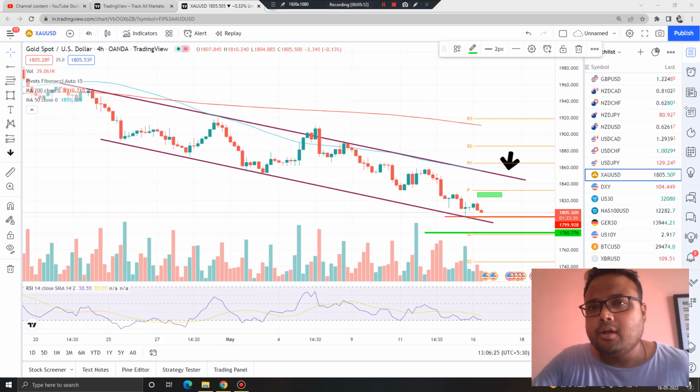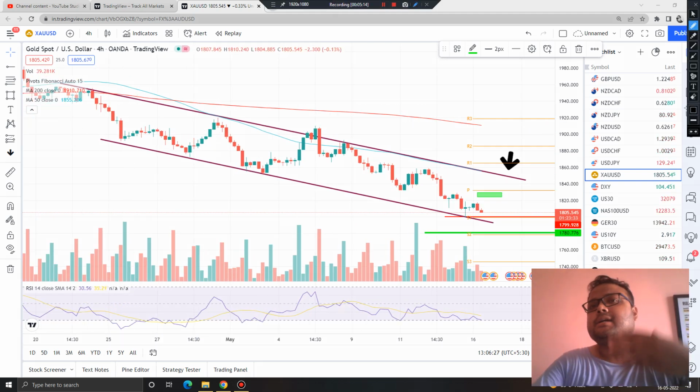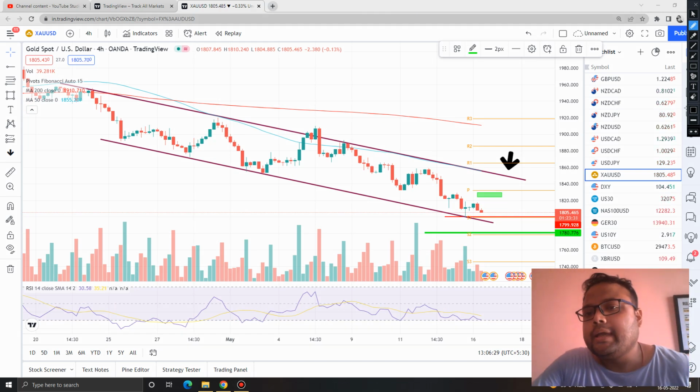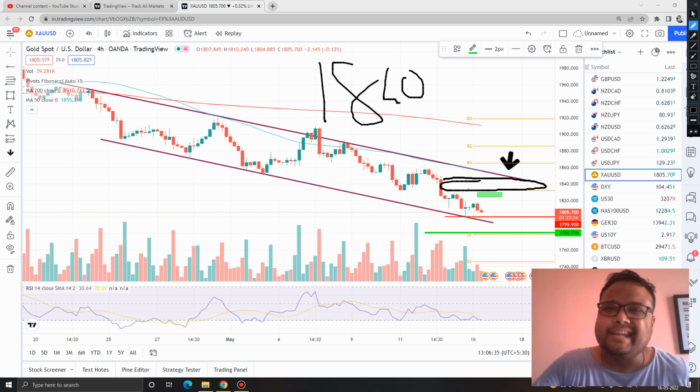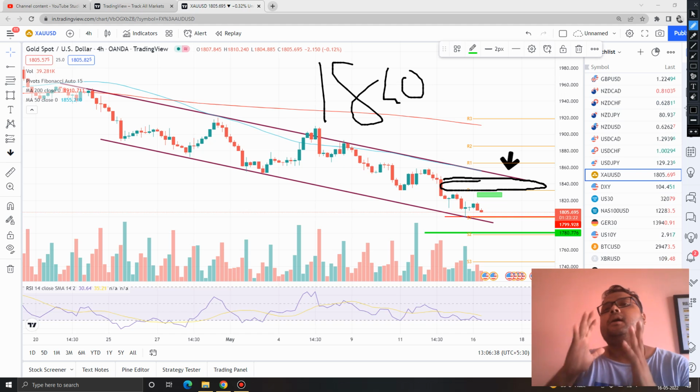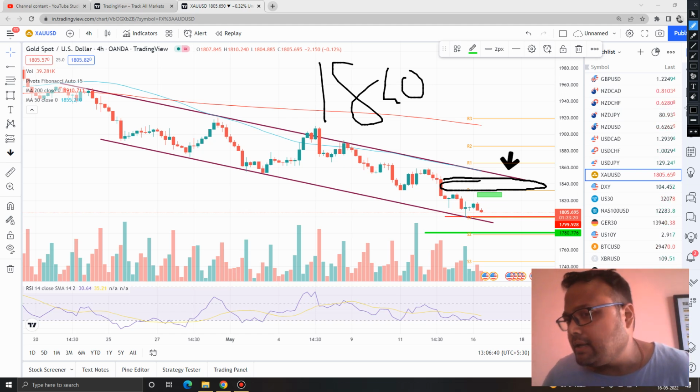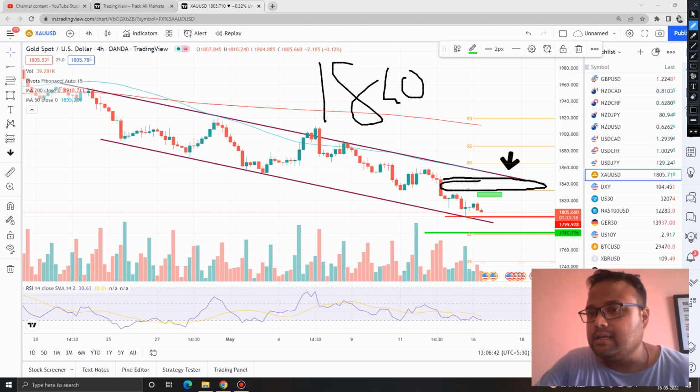If we combine all the factors, in case there is a sudden up move in the market, we can expect that the market will reverse again from this seller zone around 1840. 1835, 1840 will be a very strong resistance for the market. If the market reverses, we can take a sell position.